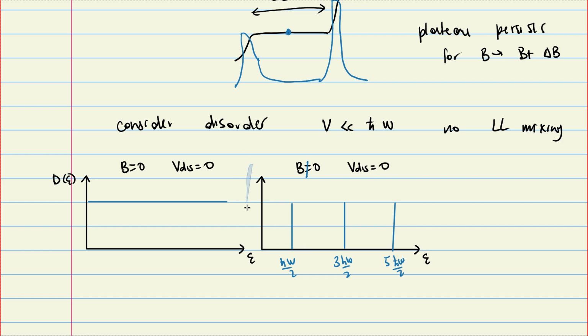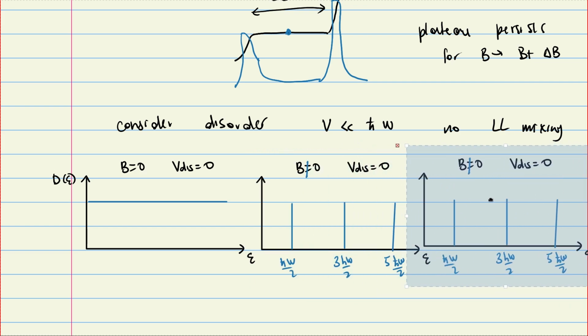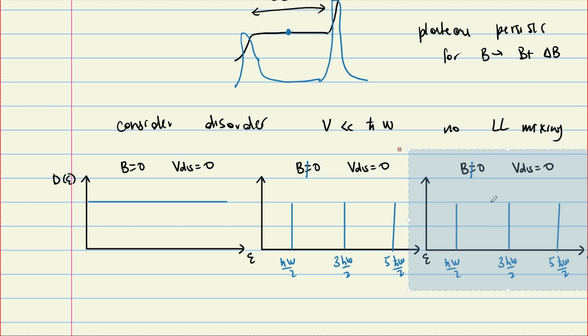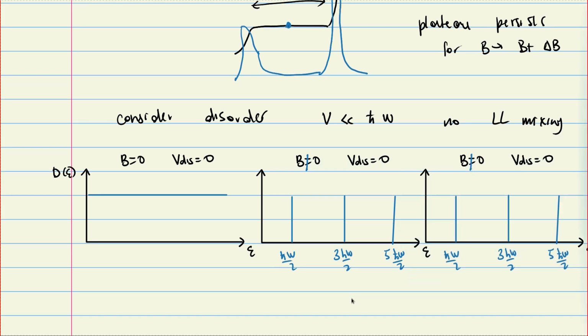And lastly, I want to consider what happens if you turn on this order. If you turn on this order, these single Dirac delta functions are going to just broaden. Right? Something like that.